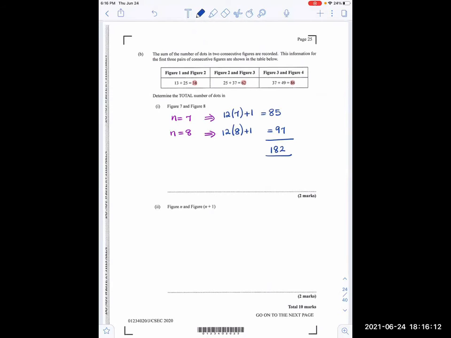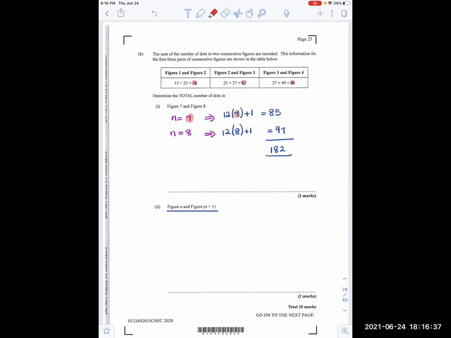Now, this is where students don't know what to put. From the time they see n and n plus 1, that is where they go completely blank, right? Because this is where the algebra comes in. The same way, students, you substitute 7 and you get 12 by 7 plus 1.